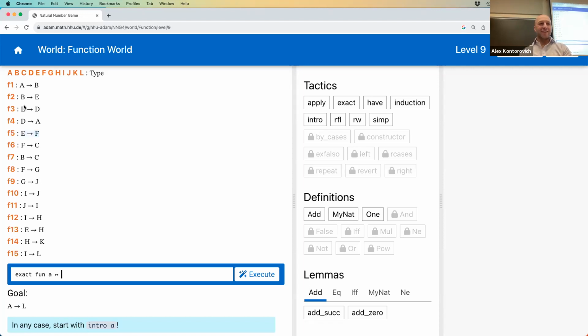So given A, now let's go forward. I can do F1, F1A is of type B. From B, I can get to E with F2. So now this is an element of E. I want to get to F with F5.